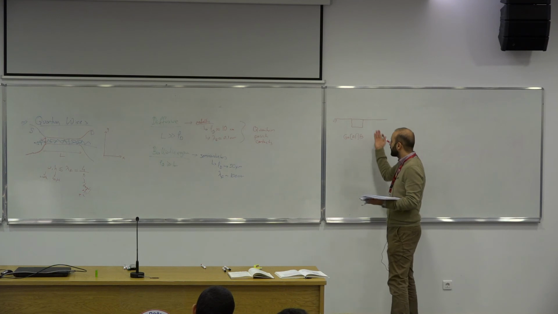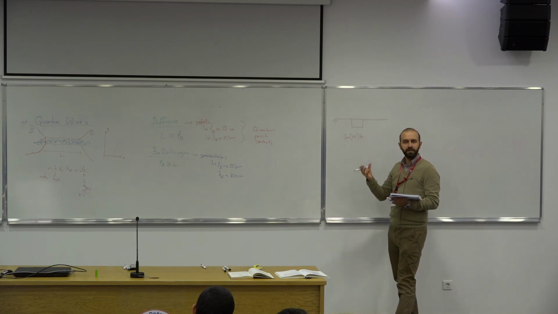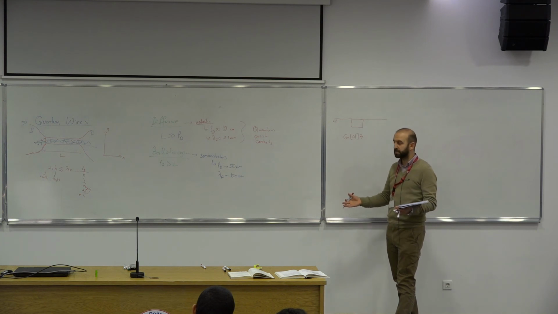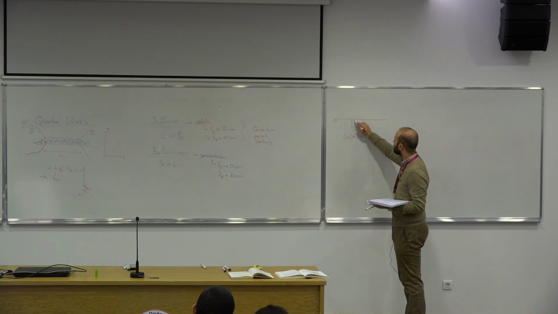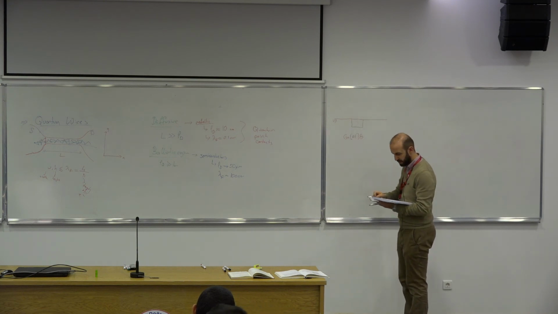But regardless of whatever you have, it's embedded in an environment. So it can be air, it can be vacuum, but the confinement comes from the fact that the material you have here is different than what's on the outside.